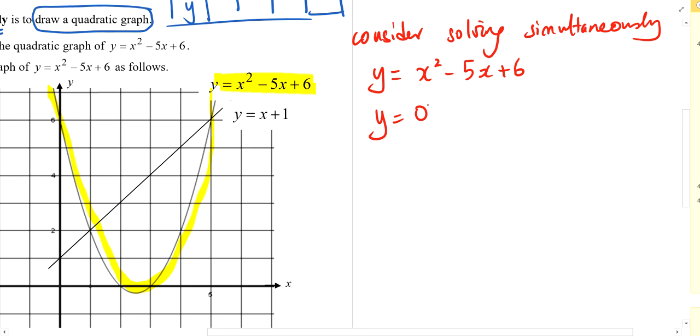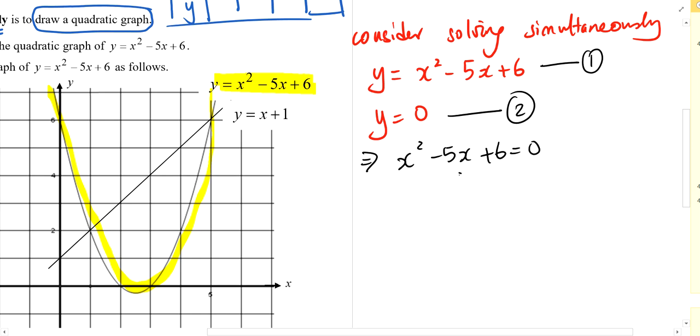If you are told to solve these two simultaneously, you will call this equation number 1, and this equation number 2. You will substitute equation 2 into equation 1 and arrive at x squared minus 5x plus 6 equals 0. And from here, you will factorize and get two values of x.